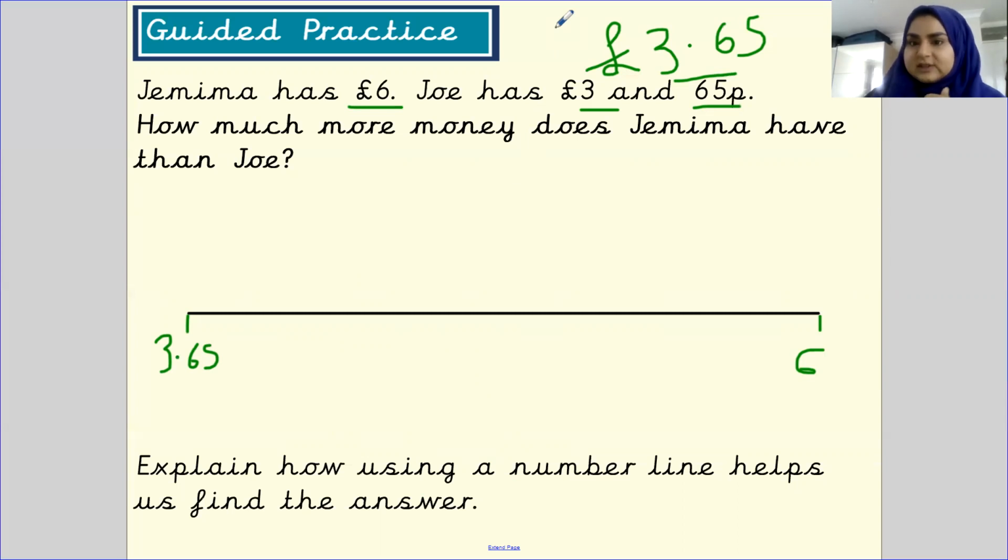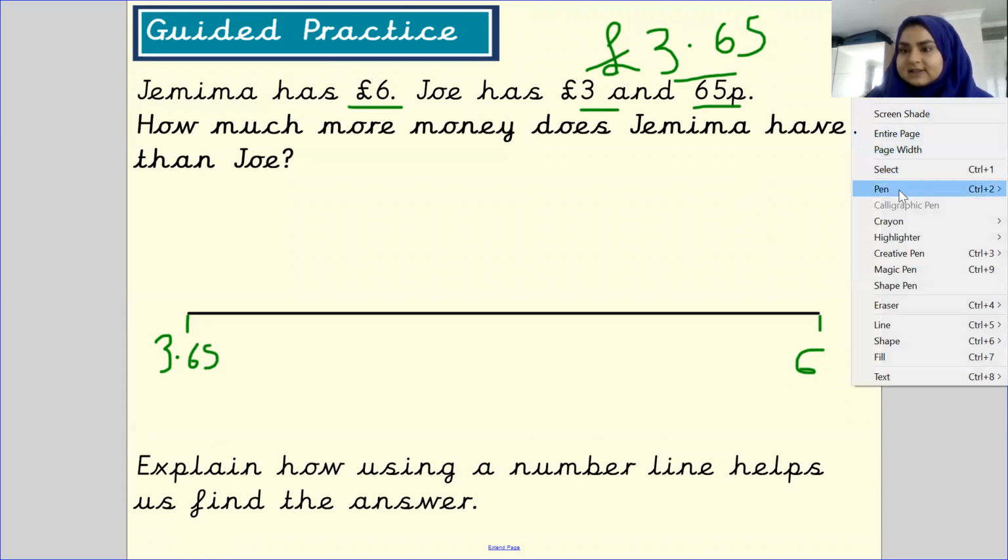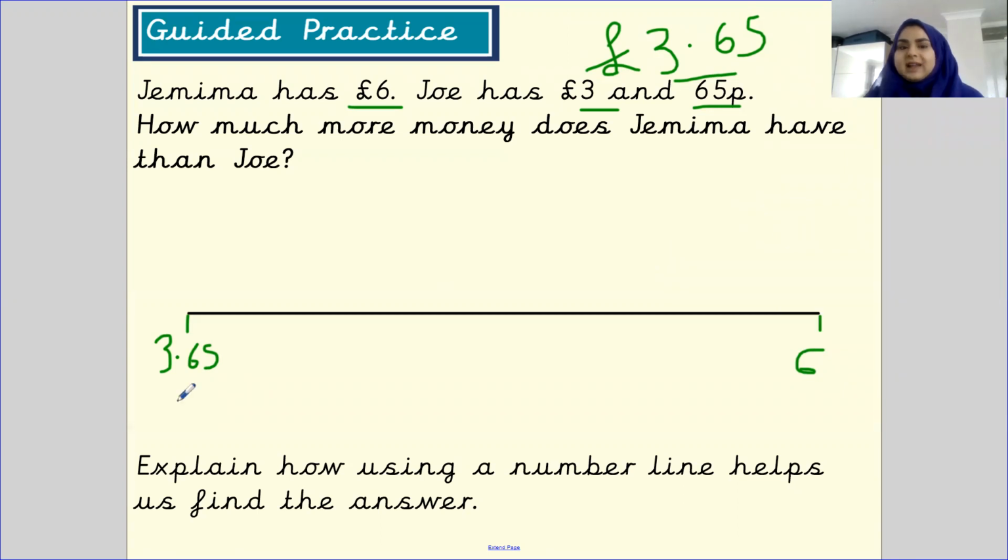Using my money knowledge, I am going to first round it up to the nearest 10 because I can use a 5p to bring it to the nearest 10. So I am going to use 5p, which means now I have £3.70. Now I'm going to bring it to the next 10 because I think it will be the easiest thing to do.